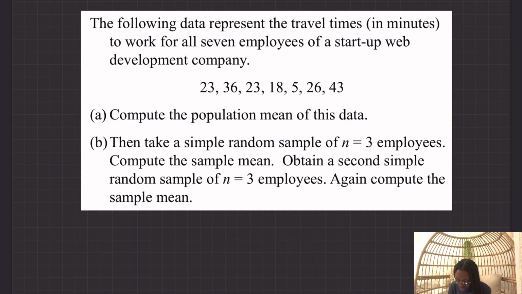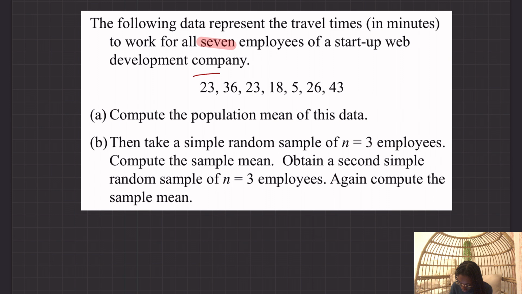All right, so let's try some problems together, talking about mean here. The following data represents the travel times in minutes to work for all 7 employees of a startup web development company. So we know that there's 7 employees in total, so the total amount of values is 7. That's very helpful because that will be the denominator of our fraction.